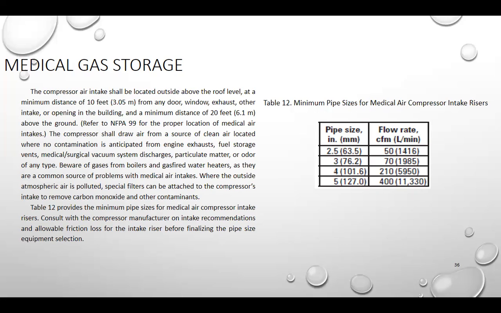Where the outside atmospheric air is polluted, special filters can be attached to the compressor intake to remove carbon monoxide and other contaminants. Table 12 provides the minimum pipe size for medical air compressor intake risers. Consult with the compressor manufacturer on intake recommendation and allowable pressure loss for the intake riser before finalizing the pipe size and equipment selection.